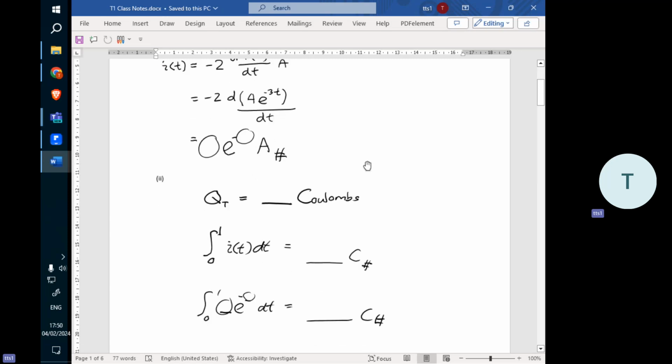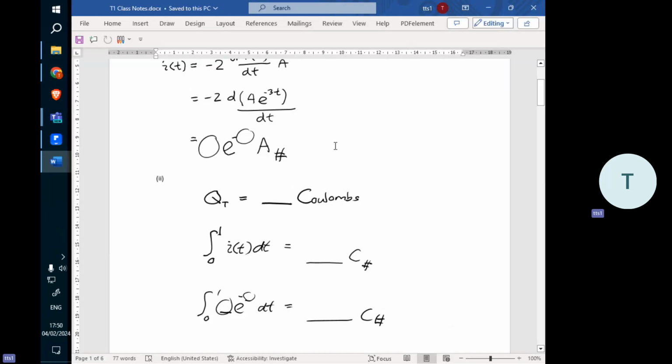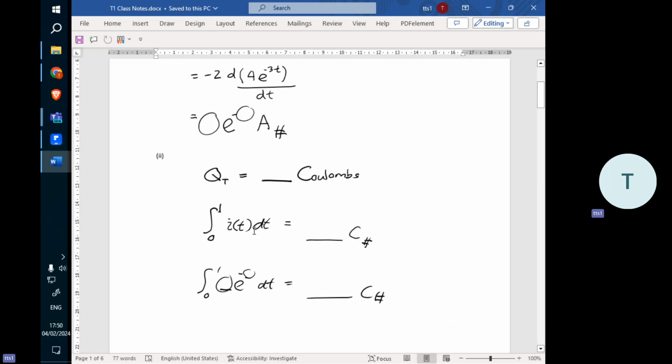All right. Part 2 is to find the total charge between time 0 to 1. So this looks like we need some kind of integration to compute the total charge from 0 to 1 second. Based on the physics, the total charge is obtained by integrating the current.